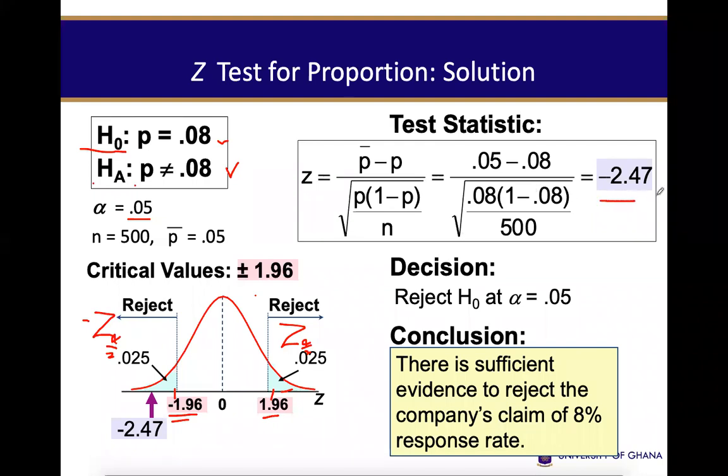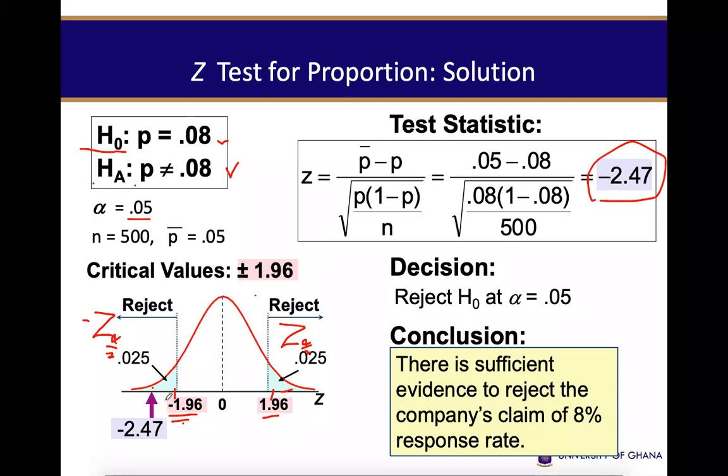That gives us negative 2.47. If you compare, you realize that negative 2.47 lies on the left side of the critical value. So it's smaller than minus 1.96, and it finds itself within the critical region.